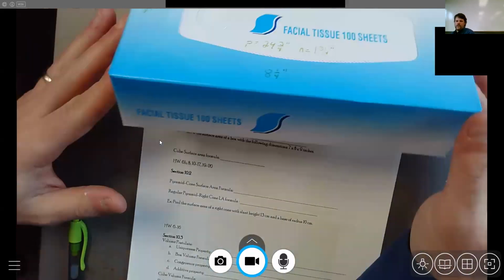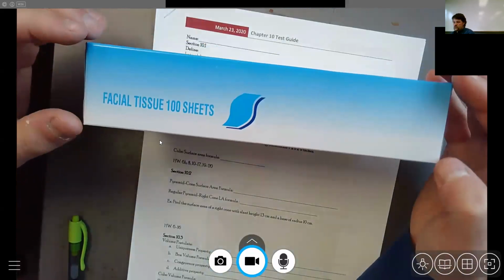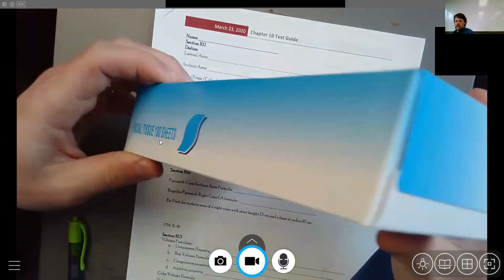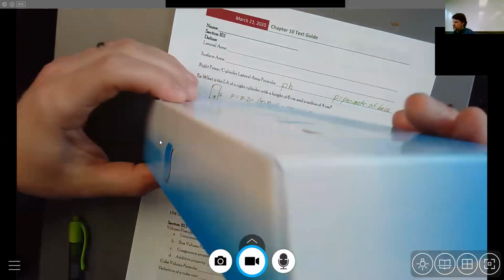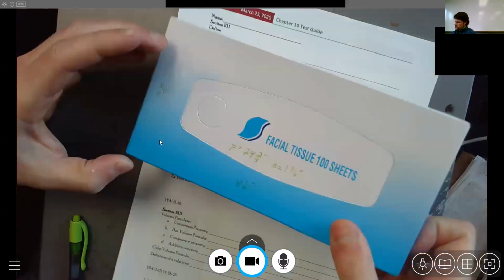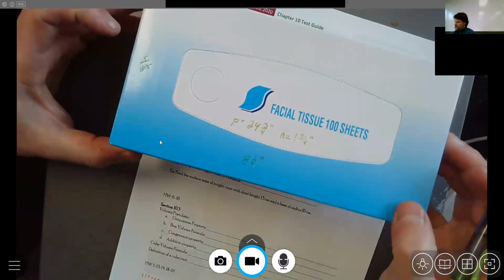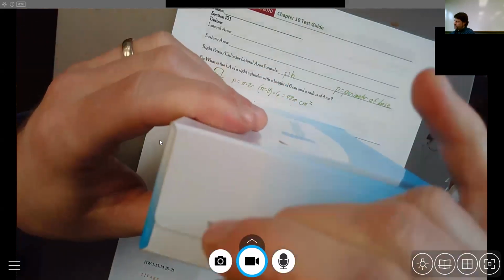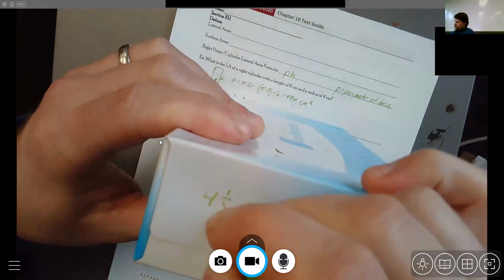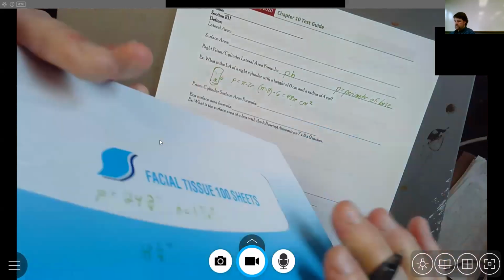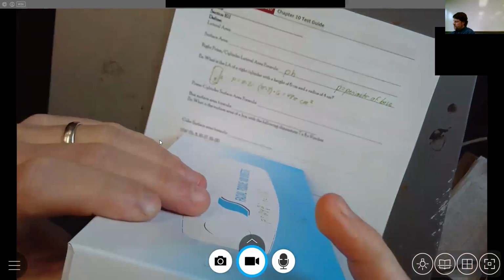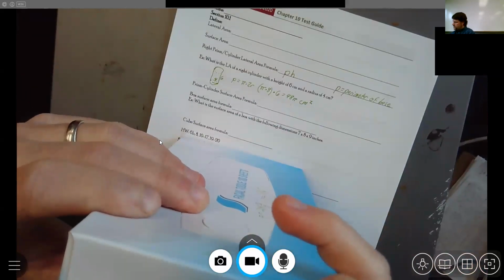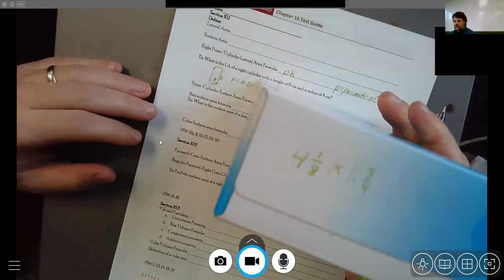Another way you can find lateral area is if you took the area of each of the four rectangles here and added them together. That's a bit more cumbersome, but it'll get you the same result. So just to show you that, we know that this side here is 4 1/8 by, what did we say the height was? 1 3/4.